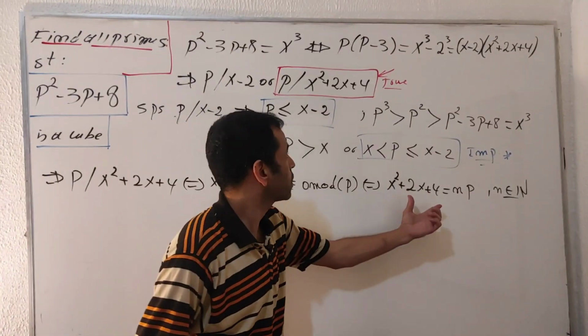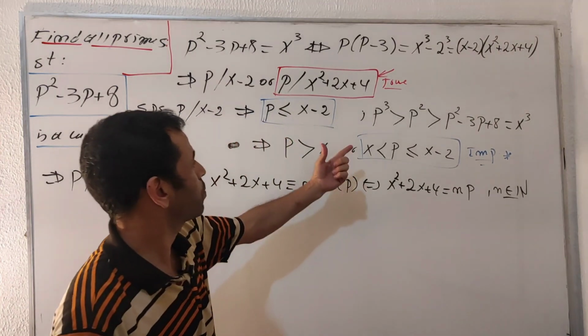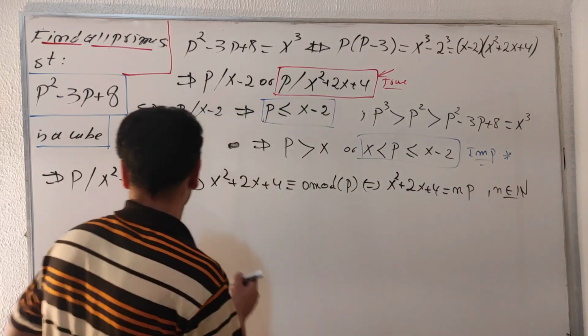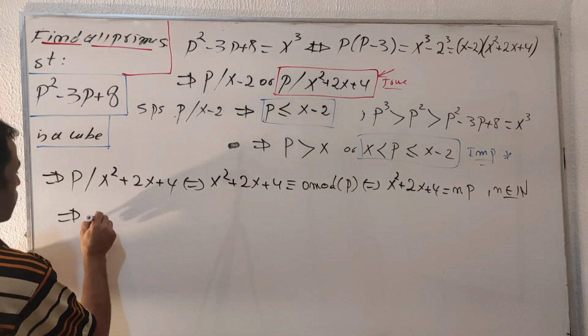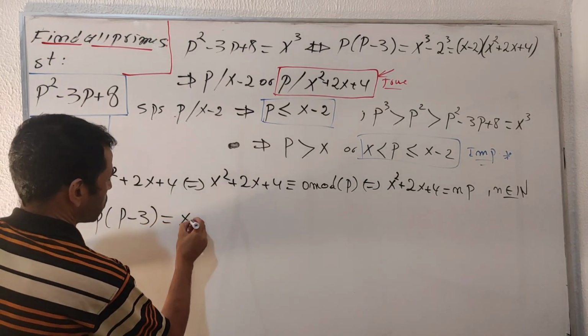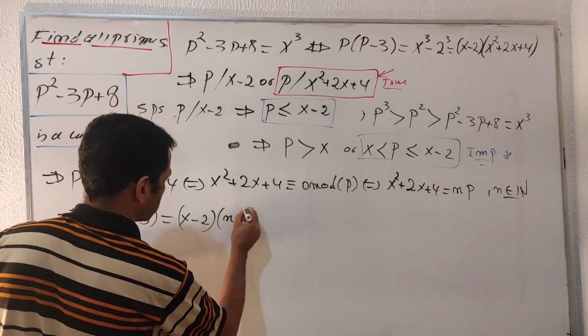So let's take exactly this value of this function and plug it back into this product here. So we get p multiplied by p minus 3 equals x minus 2 times np.